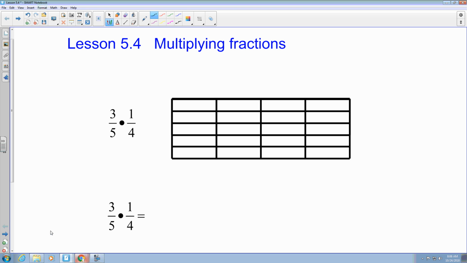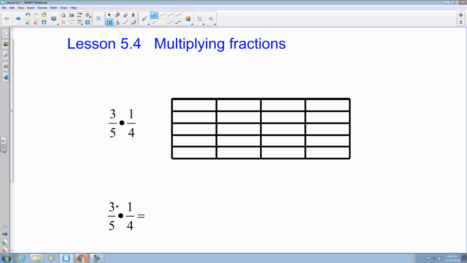Now, what makes multiplication of fractions a little bit easier than adding or subtracting is that the denominators do not have to be the same. They don't have to be common in order to multiply them. So we just multiply across and then reduce from there.